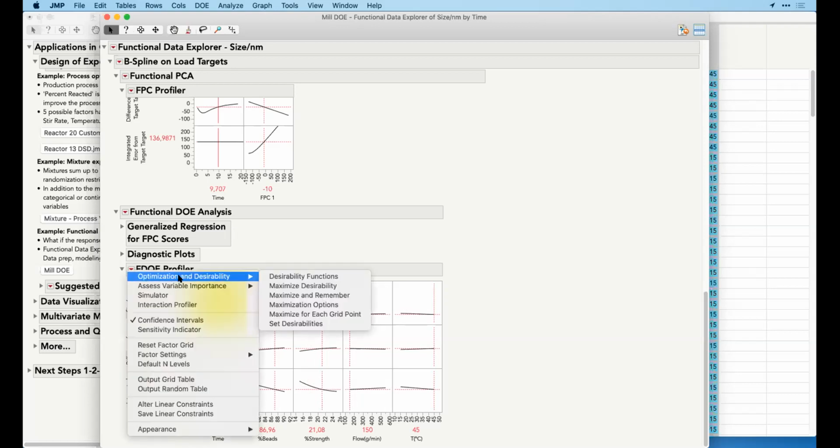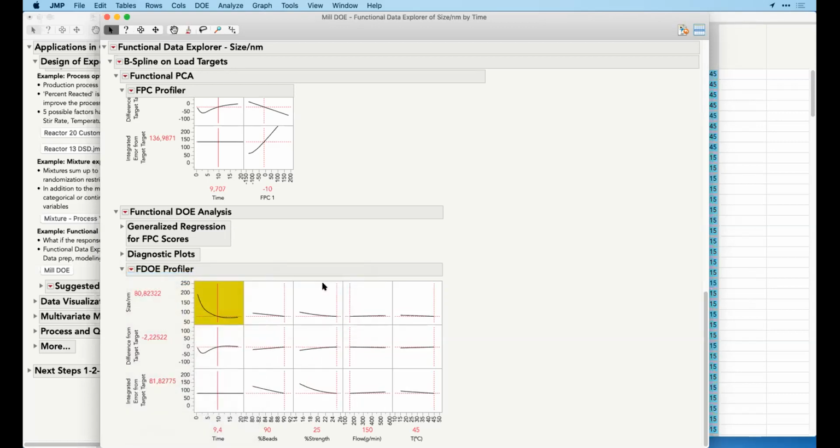And again, it's the same process, maximize desirability. And this shows us the solution, how to set our process to get to this function, which is quite close to what we set as our target function.